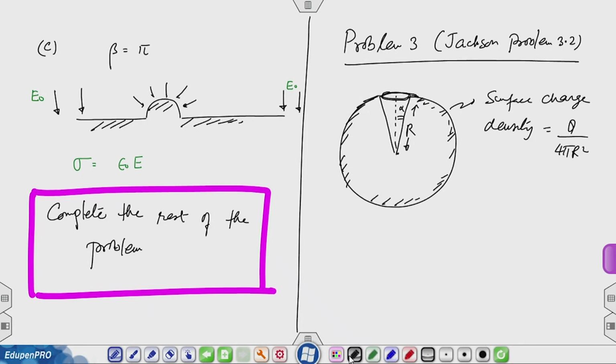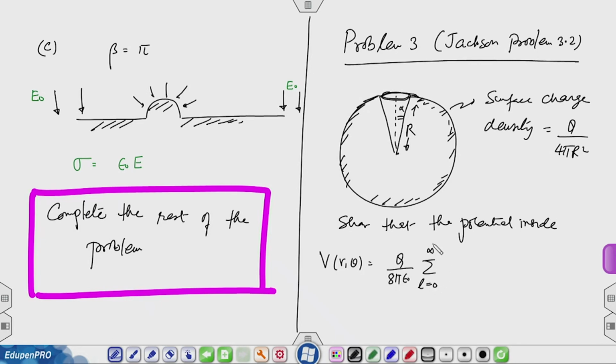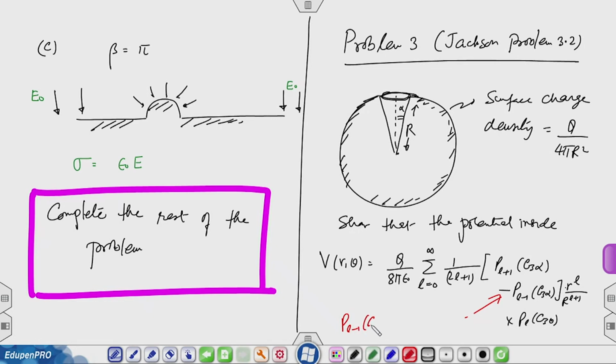Now, what you have been asked to do is show that the potential inside is V(r, theta) equals q over 8 pi epsilon 0, summation L equals 0 to infinity, 1 over 2L plus 1, times P L plus 1 cosine of alpha minus P L minus 1 cosine of alpha, times r raised to L over r raised to L plus 1, times P L cosine of theta, and you are given that P L minus 1 cos alpha equals minus 1 for L equals 0.